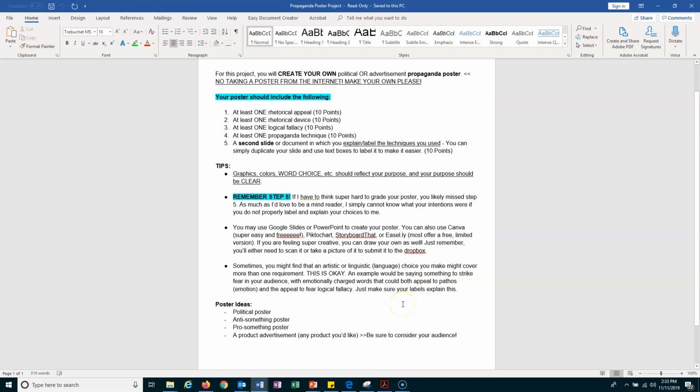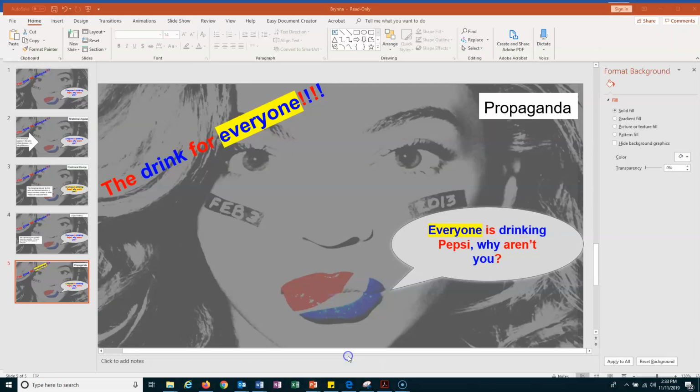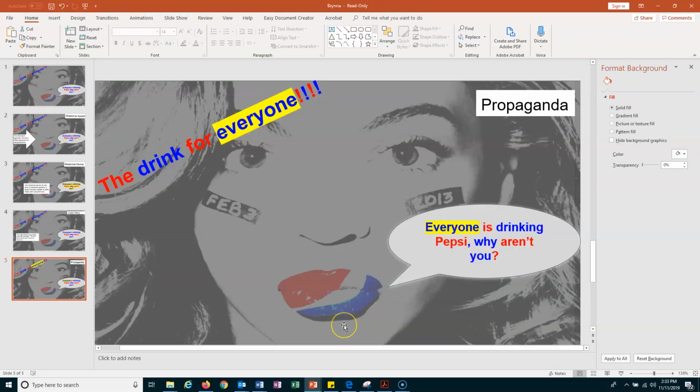So with that, I want to show you a few student examples that are really going to give you an idea of where to go. You obviously are not allowed to use these, and I don't want someone doing a picture of someone else and putting Coke in here, and then everyone should drink Coke, and all you're doing is replacing these simple ideas, right?